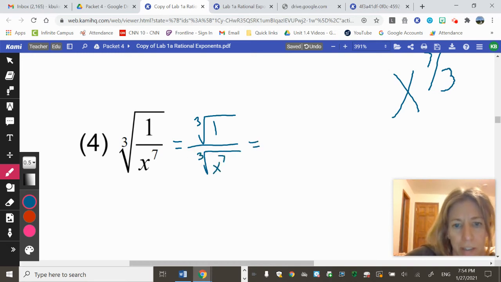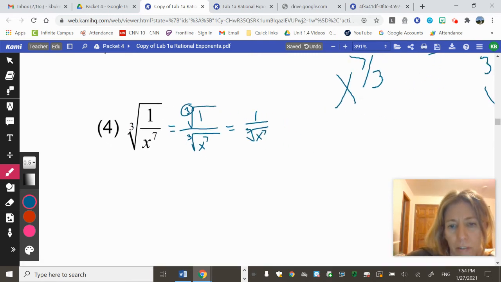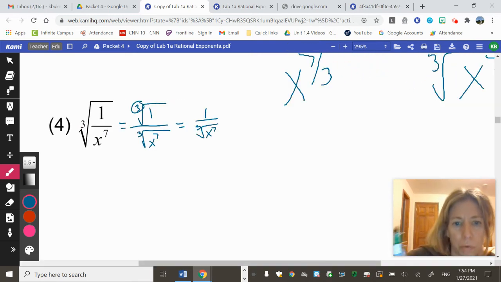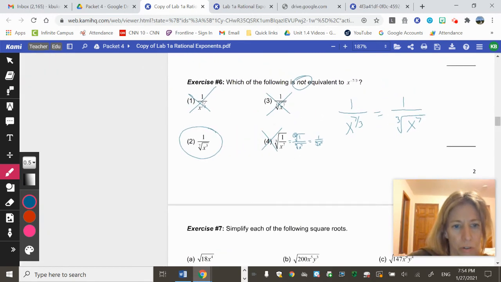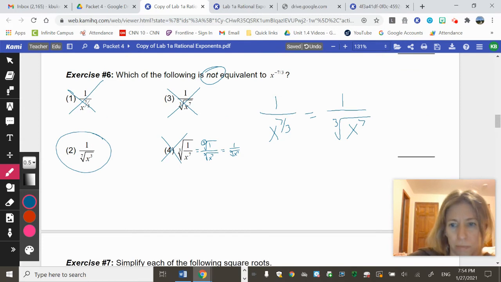And since any root of 1 is just 1, that cubed root of 1 just turns into 1, which is equivalent to 1 and 3. So 2, I'm confident that my answer is 2.